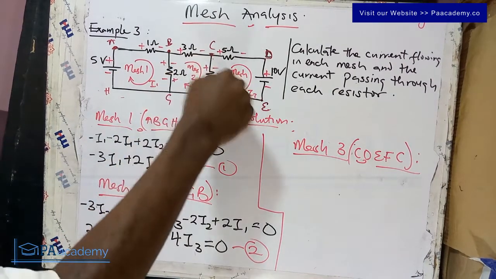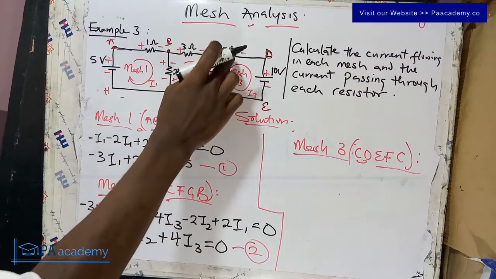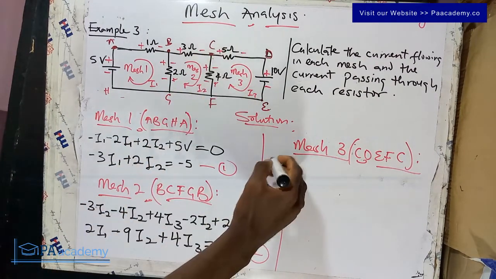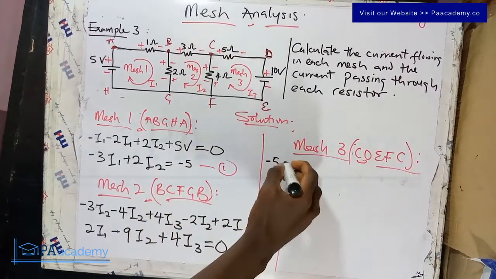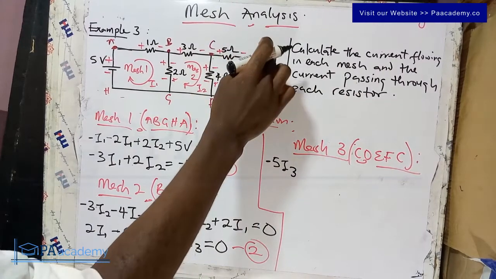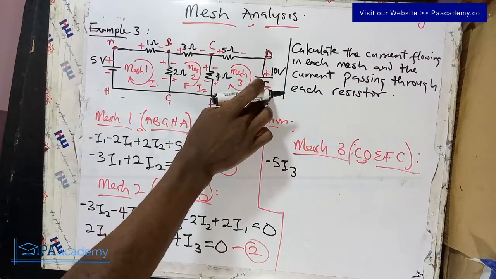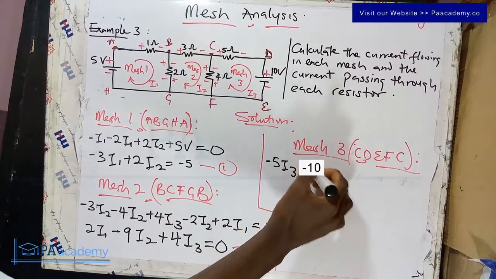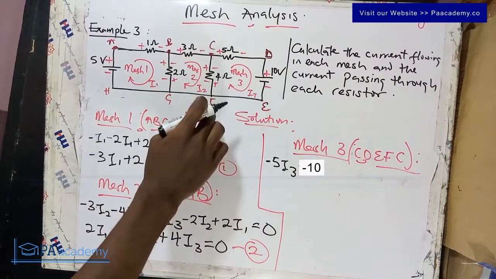Starting from point C, also in a clockwise direction. From positive to negative for this 5 ohm, that is going to be minus 5, and the current passing through it is I3, so minus 5I3. From D to E, we only have a voltage source, from positive to negative. That's 10 volts. That's going to be plus 10. Remember, it's a voltage source, so that will just be 10. From E to F, there's nothing here.